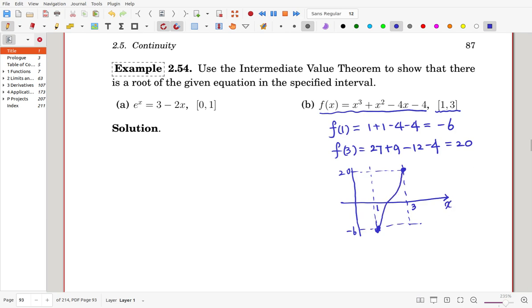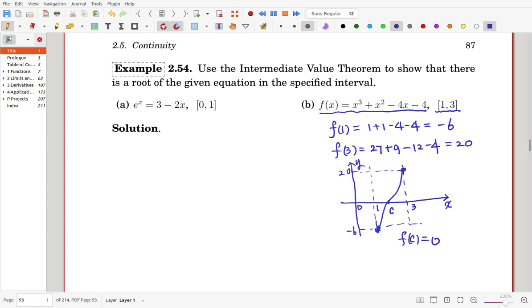So there must be some point C such that in the y direction the value is 0, so f(C) equals 0, because it is connected from negative to positive.